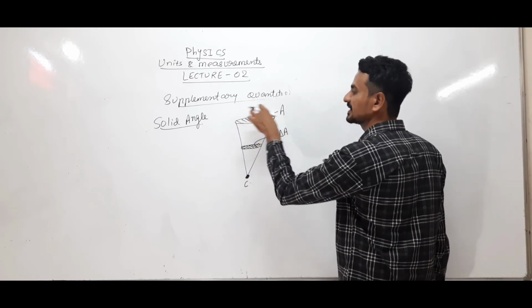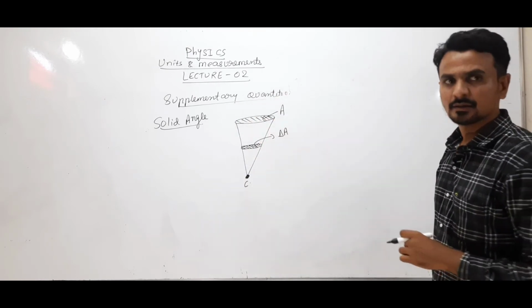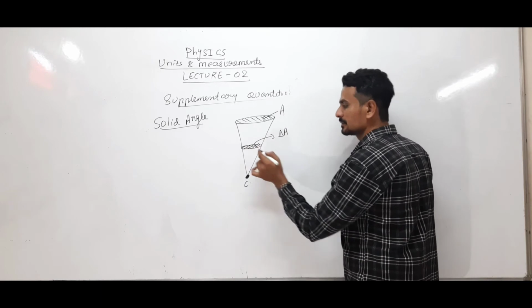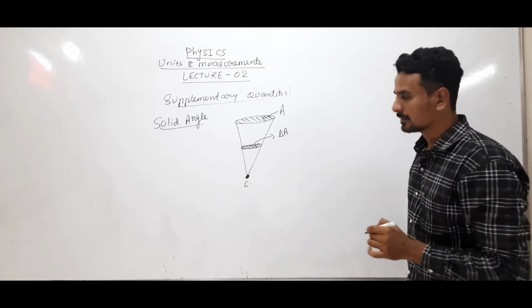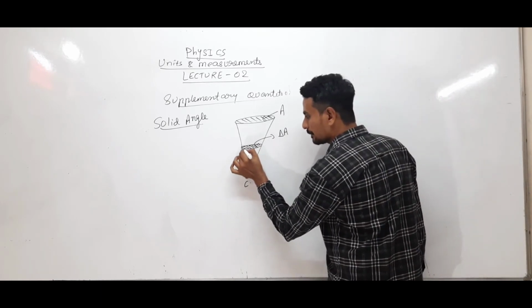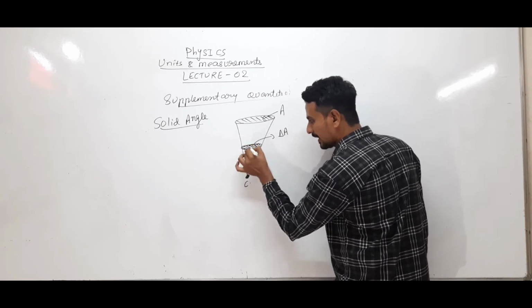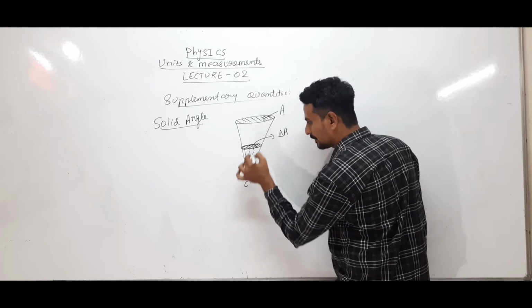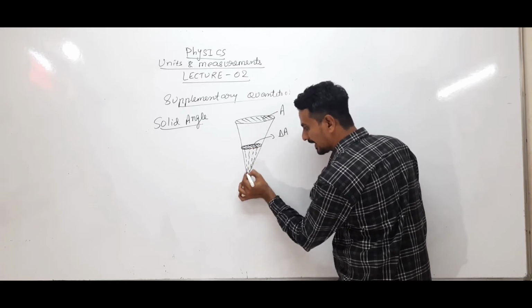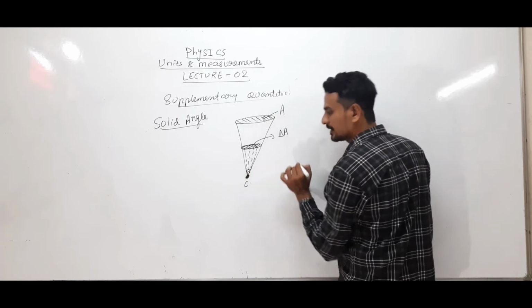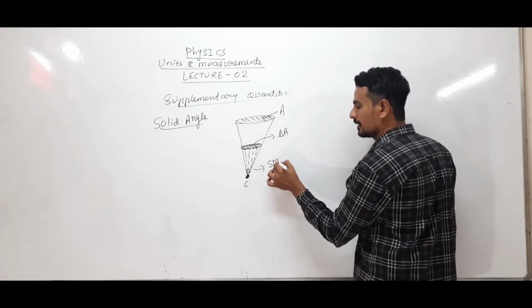Cone, this is having an area A. This is a small area delta A. From the surface of this part, if I am making the line joining this point, this angle subtended here is known as solid angle.